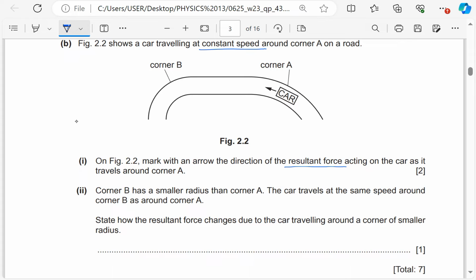So the resultant force must be acting towards the center, which is the centripetal force that provides motion in the circle. If this is a circular arc, its center is going to be somewhere around here. So the resultant force on the car must be pointing towards this point, towards the center. So this is going to be the arrow.